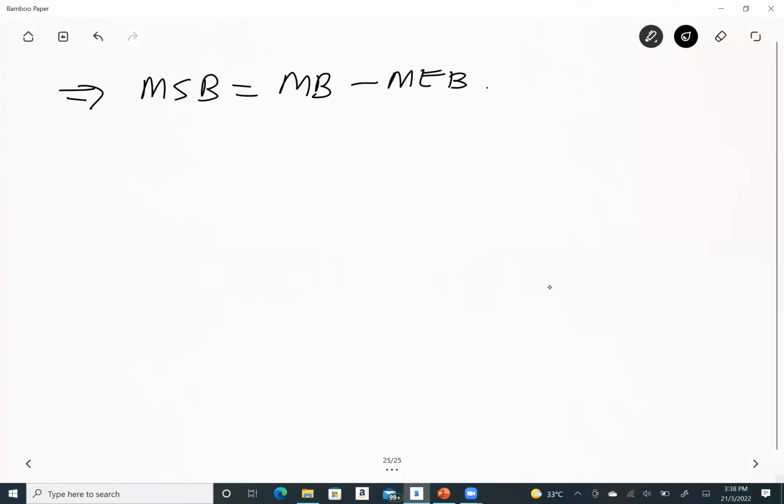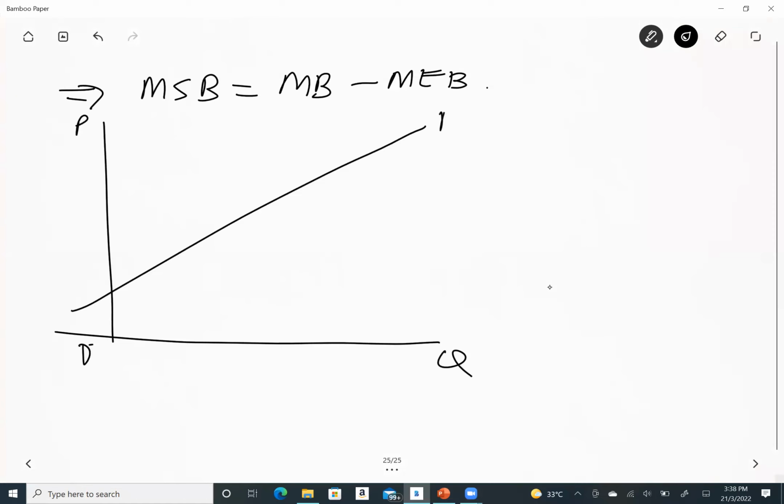So the effect here is on the marginal benefit function, which is the demand function. So I have Q and the price, and of course that is the marginal cost. There is no effect on the marginal cost. So just MC, and then you have the marginal benefit.